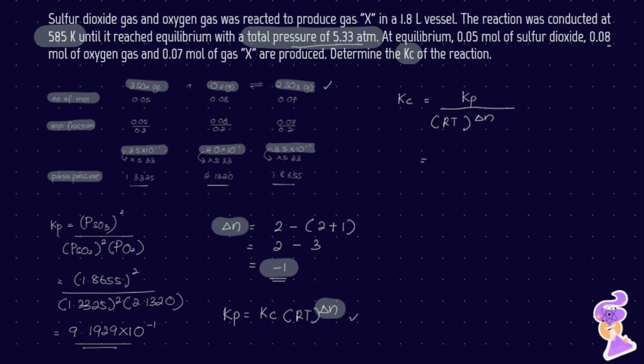So all of these values are already calculated. So Kc is equivalent to your Kp, 9.1929 times 10 to the power of negative 1, divided by your R. Your R is the gas constant, 0.0821, and your T is the temperature given in the question, which is 585, and the delta N is equivalent to negative 1.